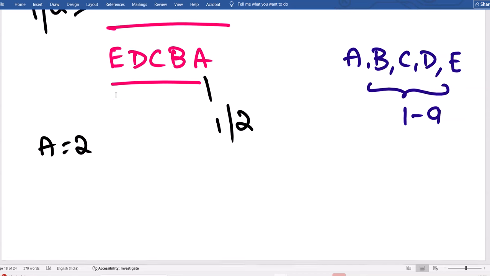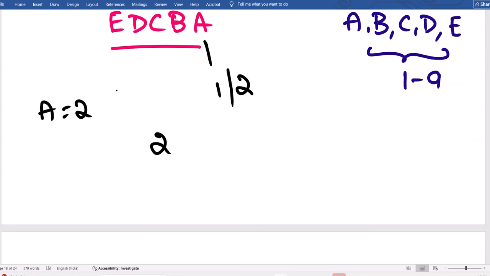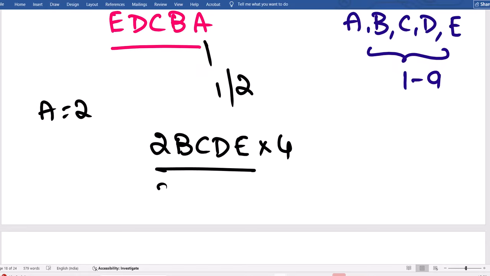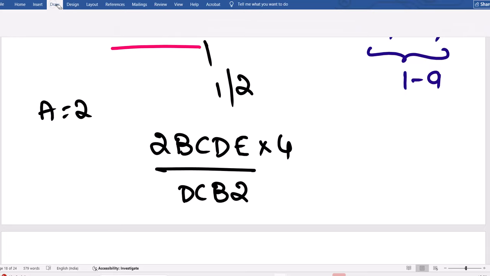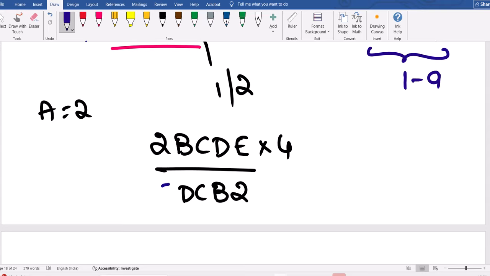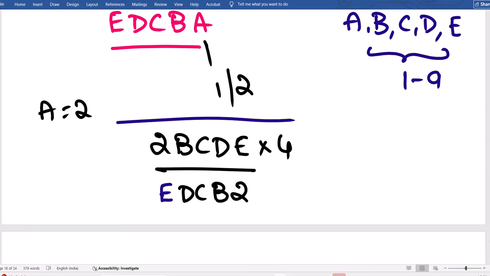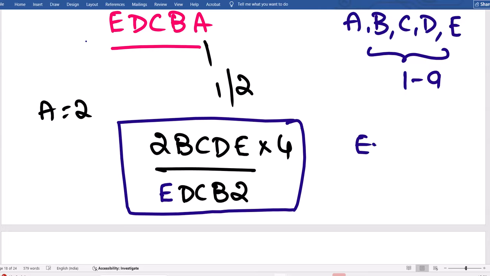When A is 2, then think about E value. 8 or 3, two possibilities are there initially. Then why we eliminate the other one, we have to think. Now if you think about E, E can be 3 or 8.